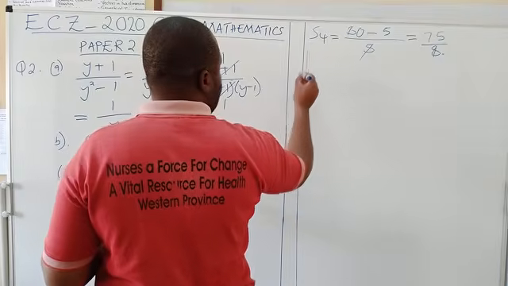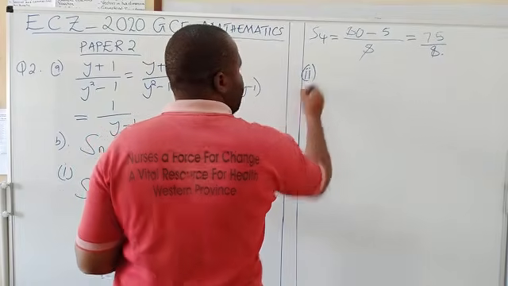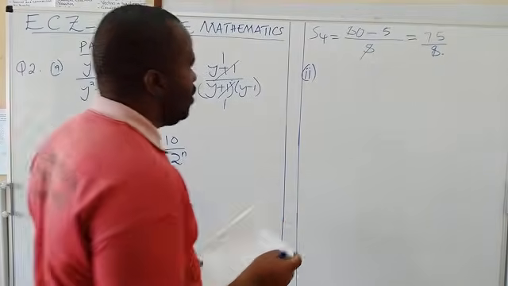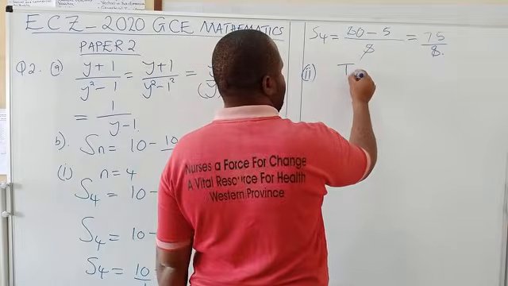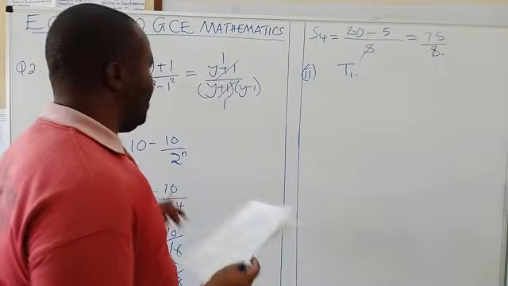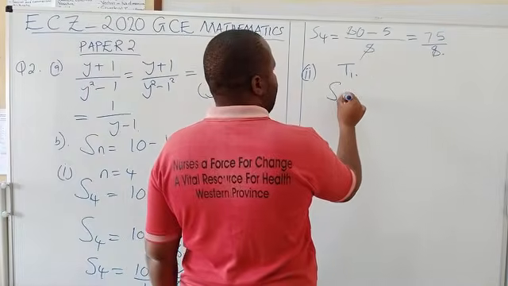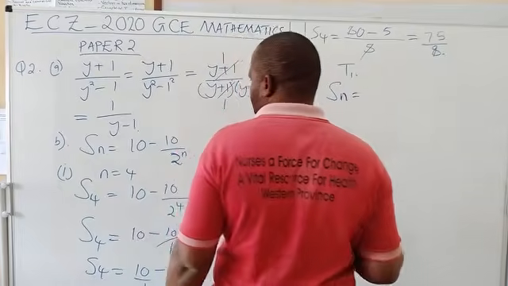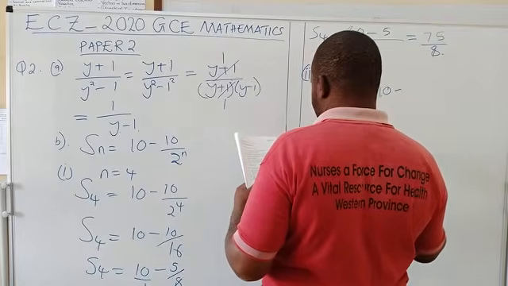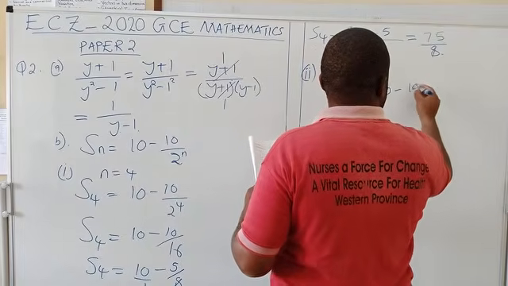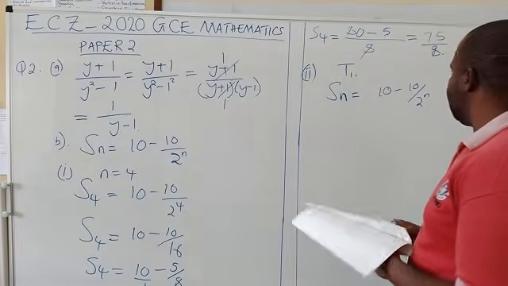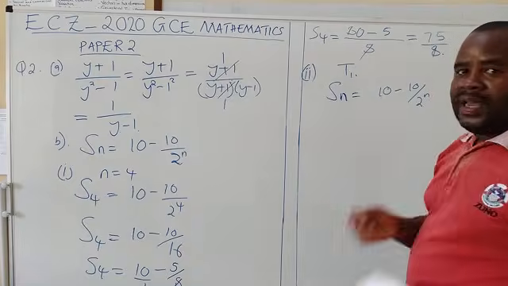Then we can go to Roman numeral 2. We want to find the first term. How do we get it? We've been told that the sum is given by 10 minus 10 divided by 2 to the power n. Now, we can make some assumptions here. Suppose we are dealing with only one number.